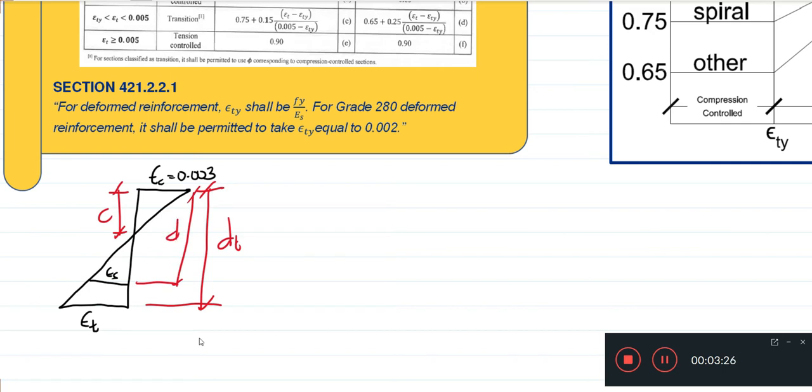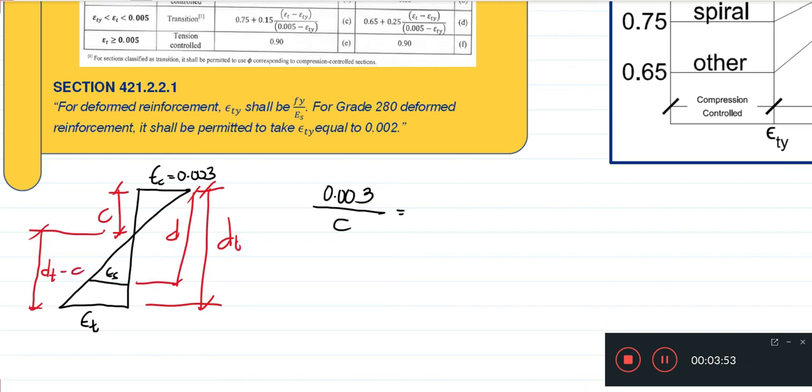So, for getting the net tensile strain using the strain diagram alone, we should get it by ratio and proportion. So, that will be 0.003 over c is equal to, ang triangle natin sa baba is a value. So, this one, yung height ng triangle natin, will be dt minus c.